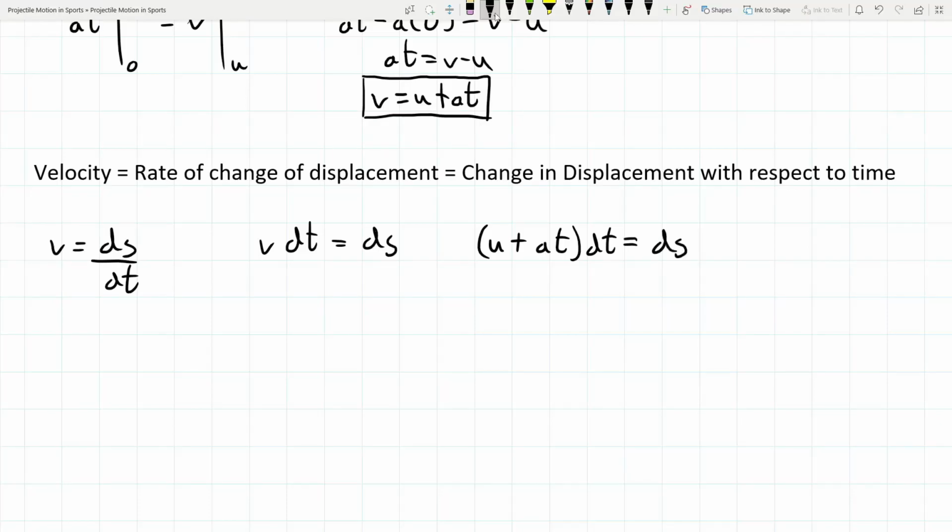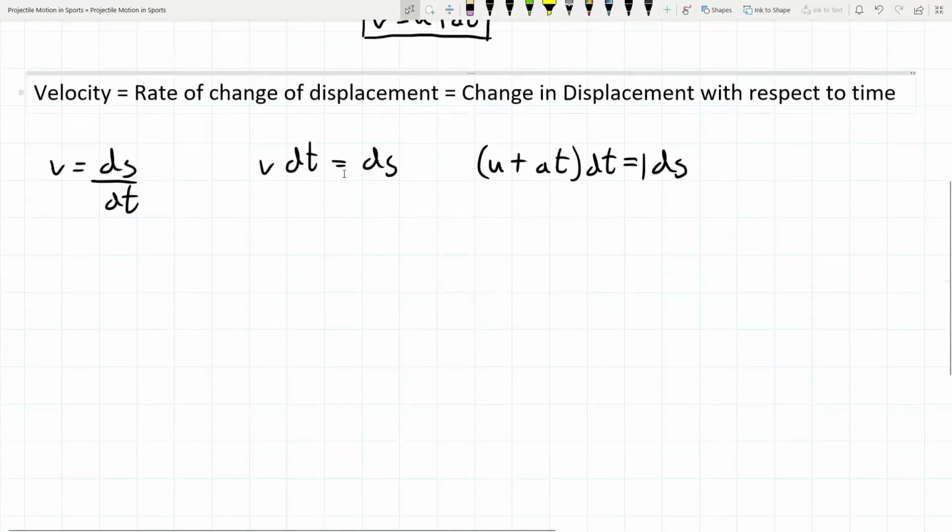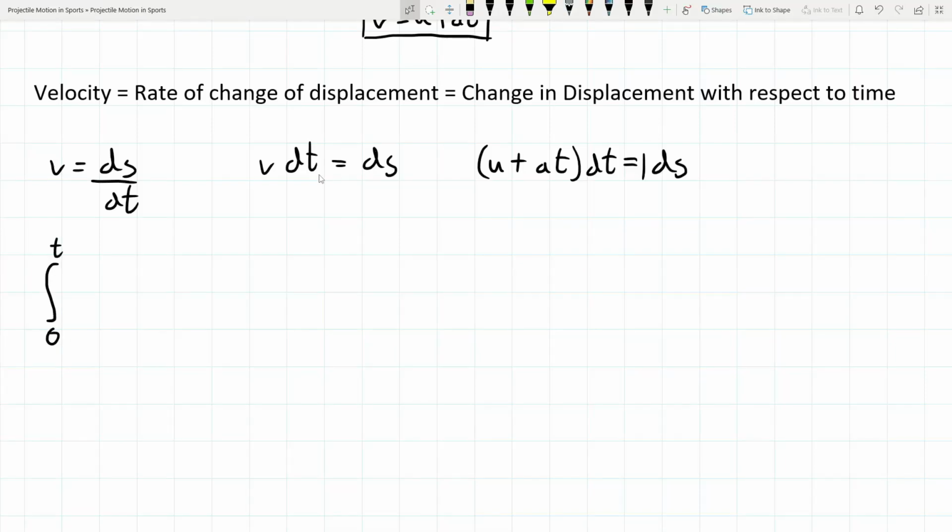So now we can integrate both sides, because this is just one ds and one is a constant. So we can do the integral, and the initial time is 0, as we said, and the final time is t, of u plus at with respect to t is equal to the integral, and now the displacement starts at 0, because the displacement from the initial point is going to be 0 at time 0, to some displacement s of ds.